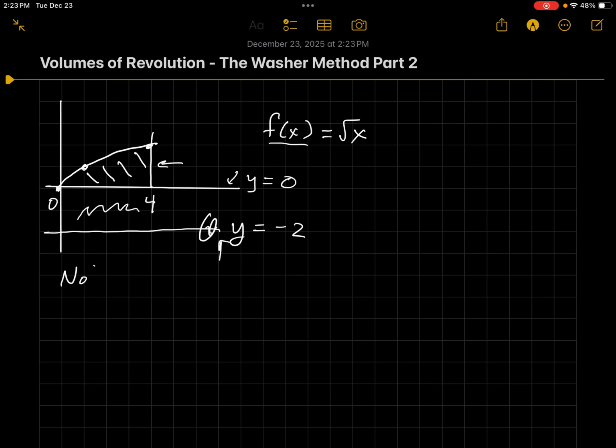So I have two notes for you. First note, anytime there's empty space between the region we're going to revolve and the axis of revolution, there will be two radii.